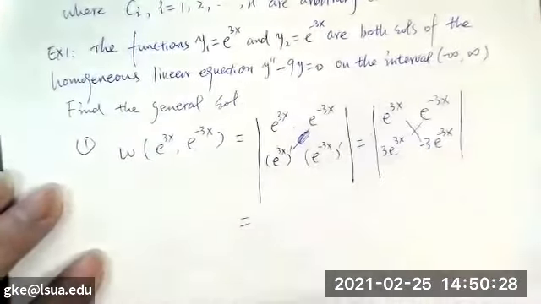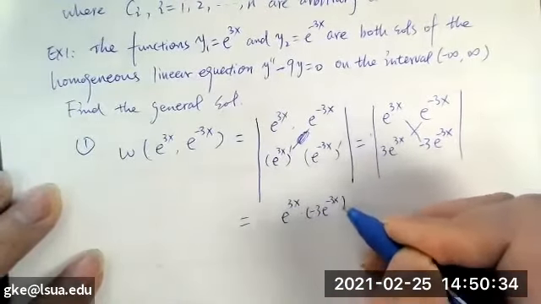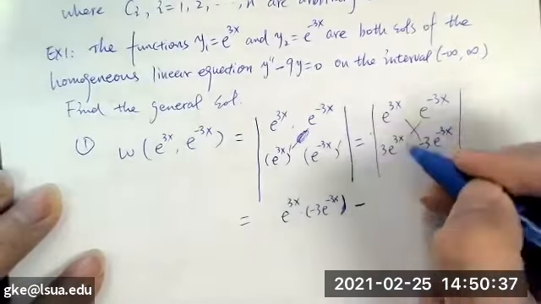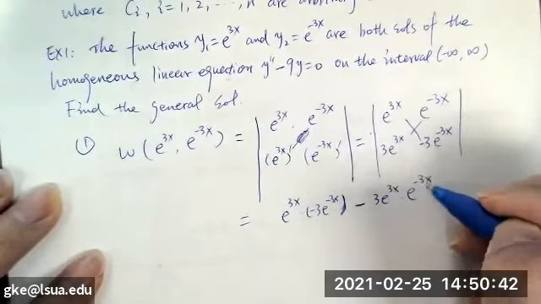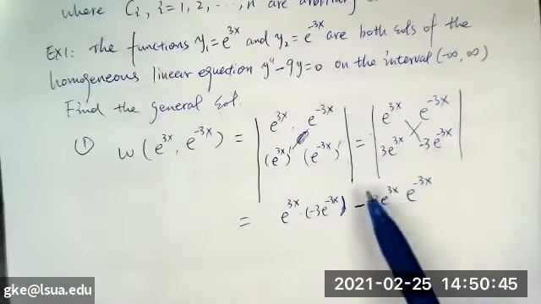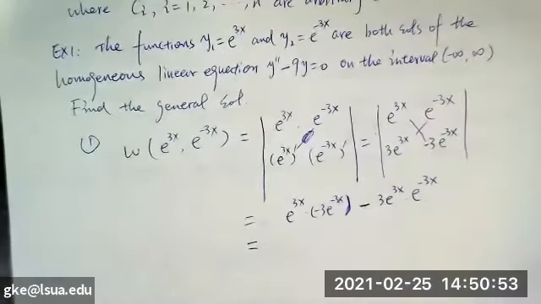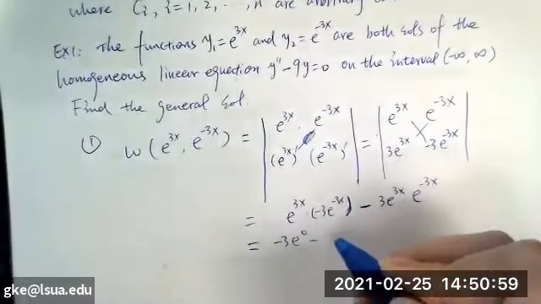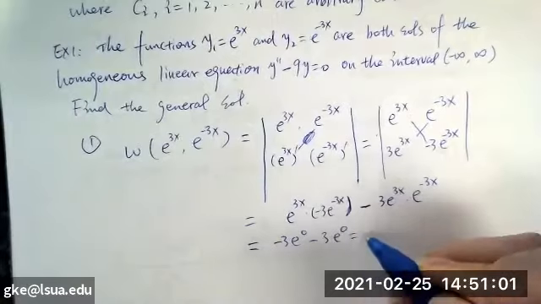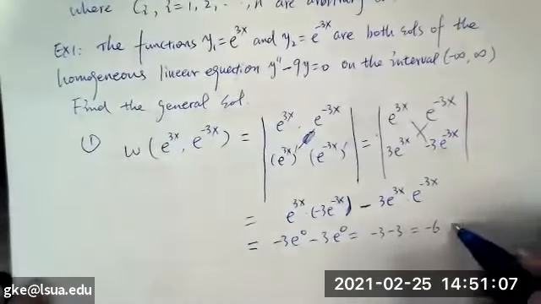The determinant is going to be a cross product, and cross subtract the other product. So this one times this one, subtract this one times this one. That's the formula. And this will give you -3 equals -6. And this doesn't equal 0.